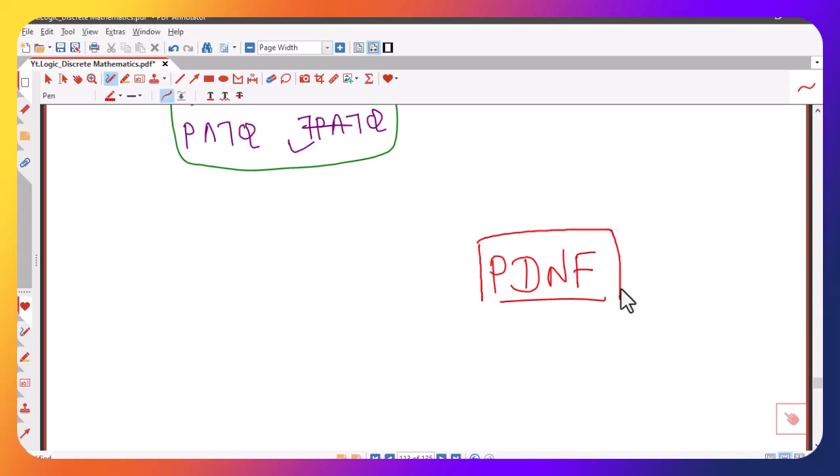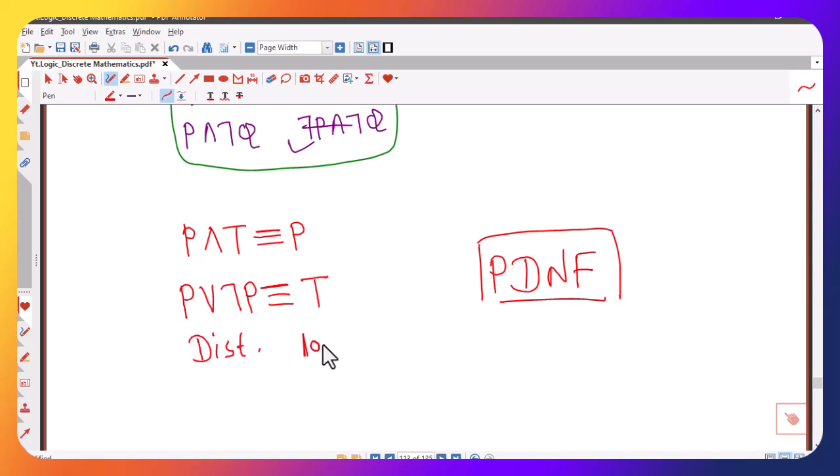Instead of that, we are using all these logical equivalences: P and T is logically equivalent to P, P or negation P is logically equivalent to T, and we are using distributive laws, commutative laws, as well as this formula P or P is logically equivalent to P.